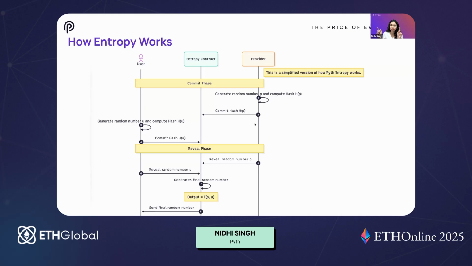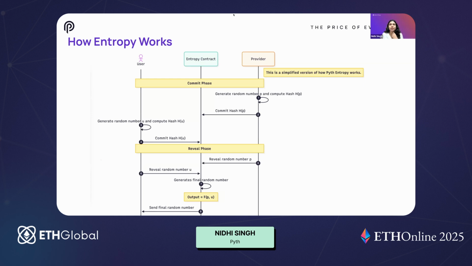I'll compute the hash of the random number that you gave and check whether these two match. At this point the other party also reveals, and the final random number that we have is a combination of both parties' random numbers. And to add another level of randomness, we use a block hash to make it even more random. So this is how it works at a very high level.